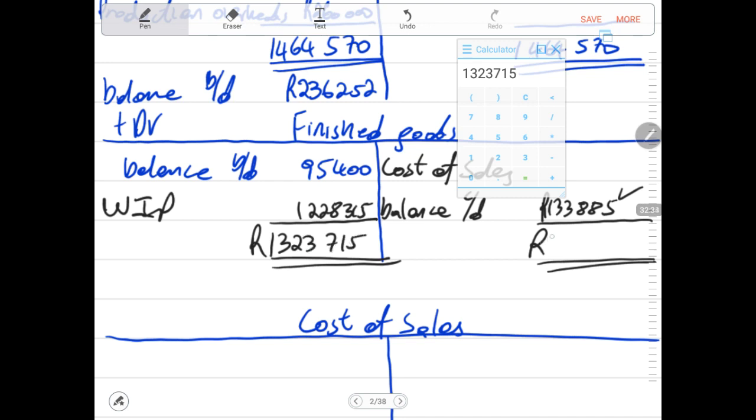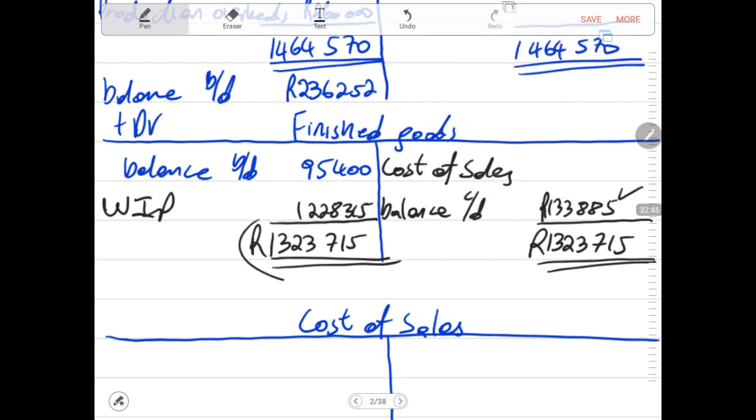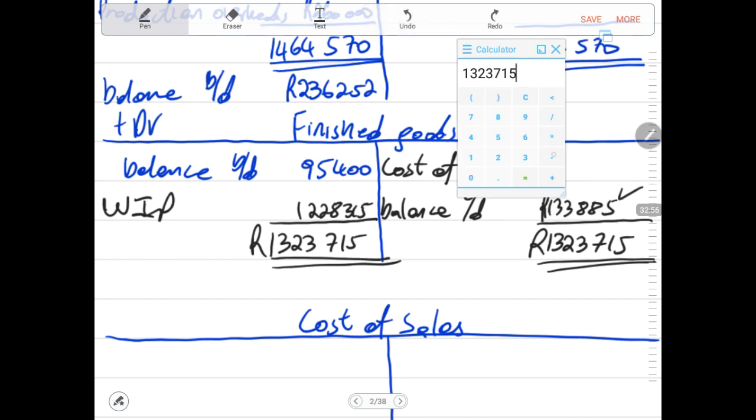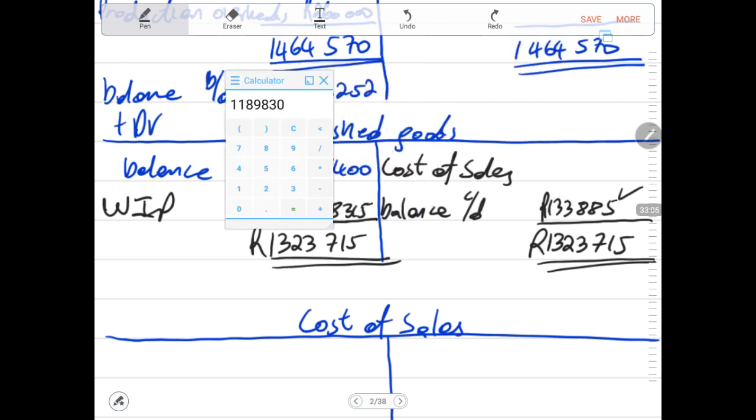This is what was available for sale. But if this is what was available for sale from the finished goods, and we are only left with 133,885, that means the rest was sold. So now we say minus 133,885. This gives us 1,189,000.